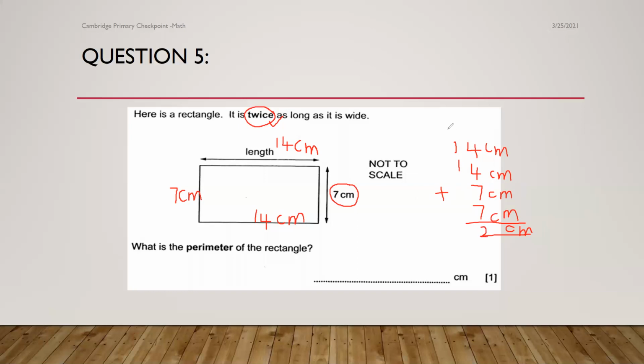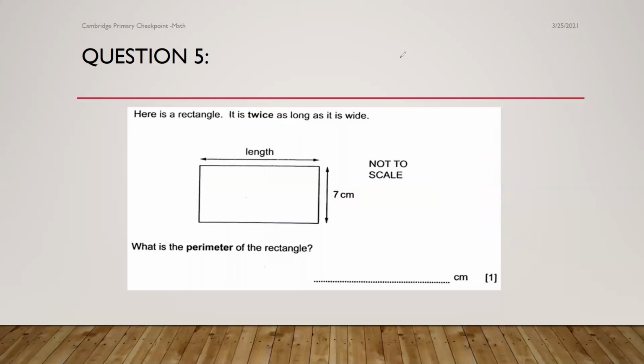Write 2 and leave 2. 2, 3, 4. So your answer is 42 centimeters. So according to this rectangle, the perimeter is 42 centimeters. Right? Let's move to the next question.